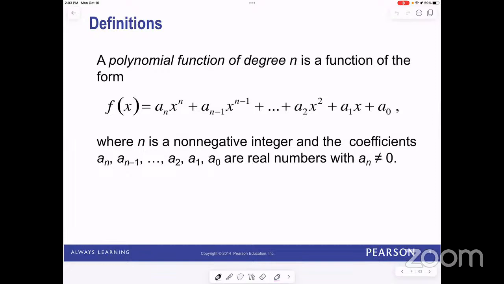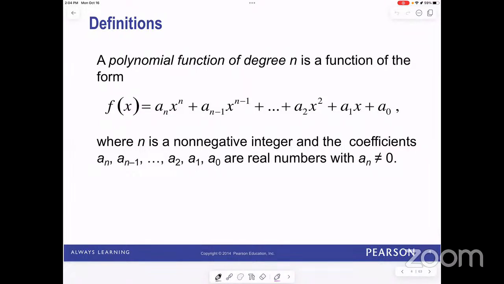A monomial is a one-term polynomial that takes the form of some real coefficient times a variable raised to a non-negative integer exponent. The polynomial is just a finite sum of those.